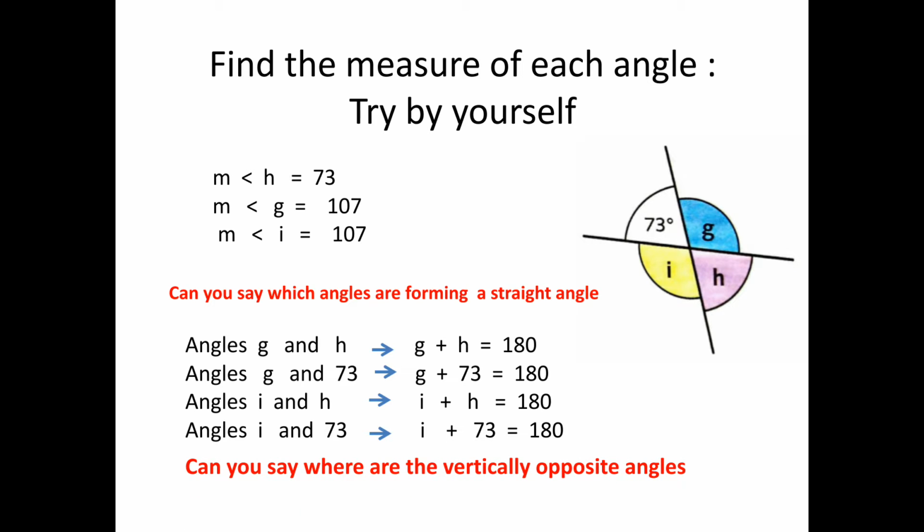Can you see where the vertically opposite angles are? Excellent. 73 and H are vertically opposite angles. G and I are also vertically opposite angles. So we used two rules here: the vertically opposite angles and the straight angles.